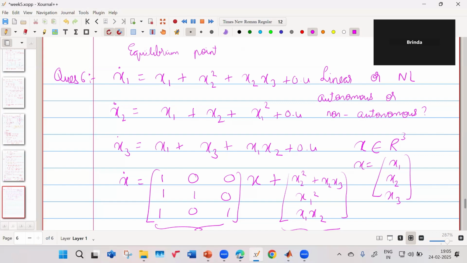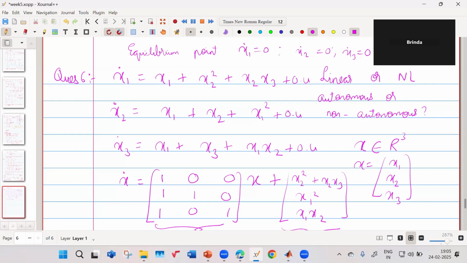So at the equilibrium point, there is no more change. So if there's no more change, what does it mean? That your x1 dot should be equal to 0, your x2 dot should be equal to 0, and your x3 dot should be equal to 0. So this is your equilibrium point where there's no more change in the states.